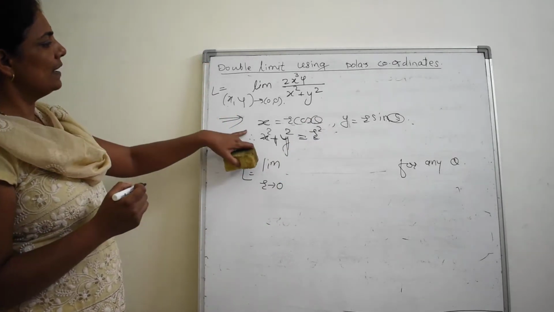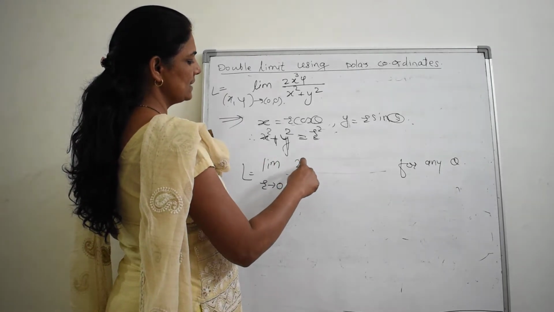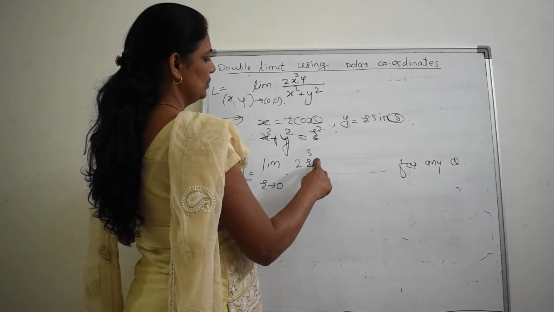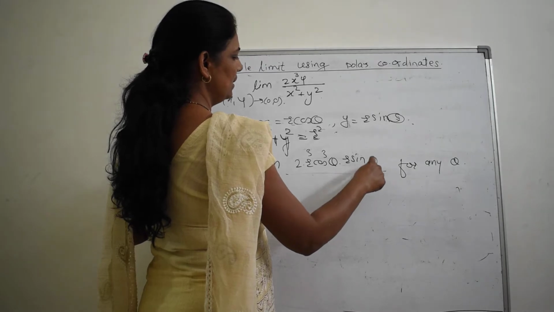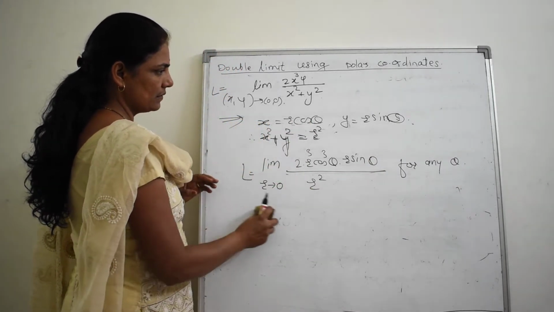Now put this in the given limit L. It becomes 2 times r cube cos cube theta into r sin theta divided by r square.